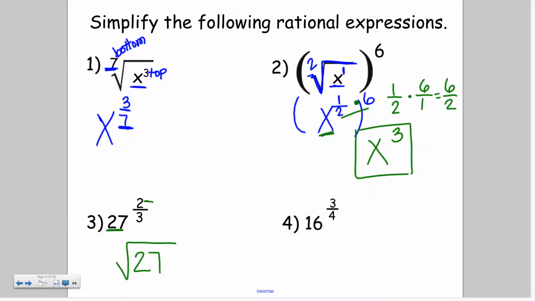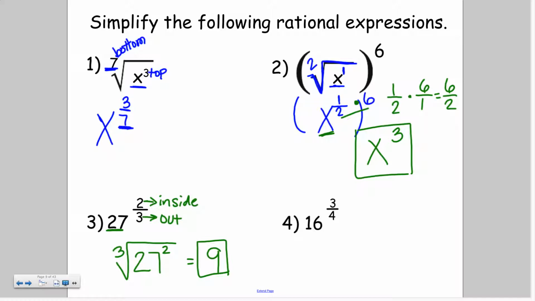Our top is going to go inside, so it's going to be squared, and our bottom is going to be out. So it's cubed. Now you can simplify this if you want, and if you simplify it, it will end up being 9. But if you get the answer, cube root of 27 squared, then I'm good with that.